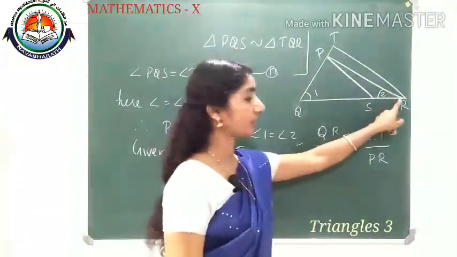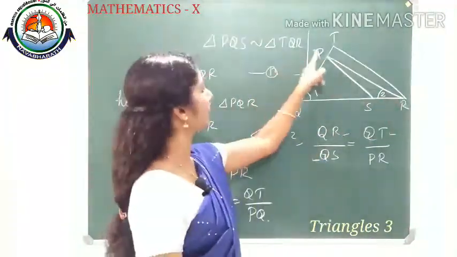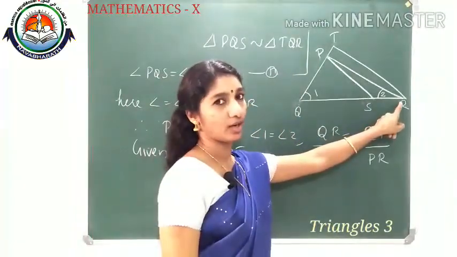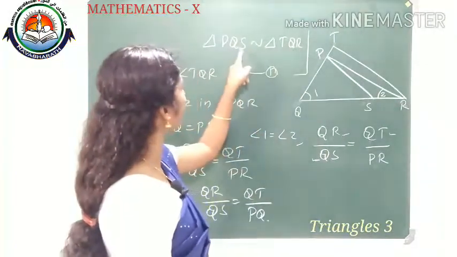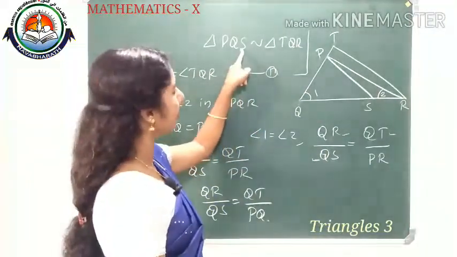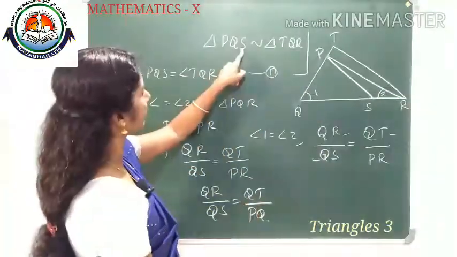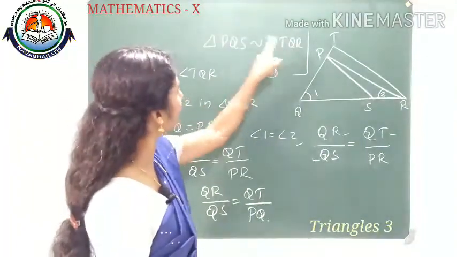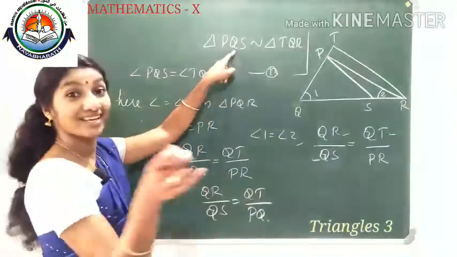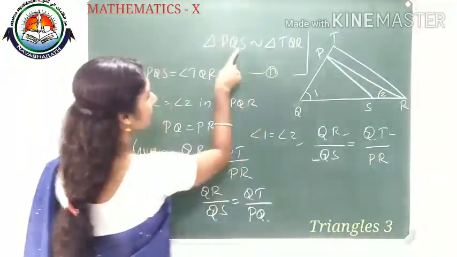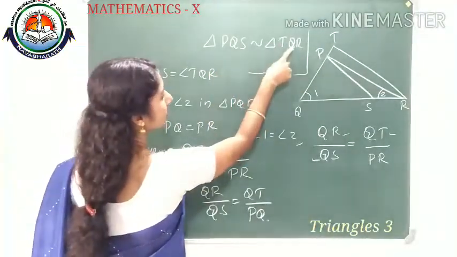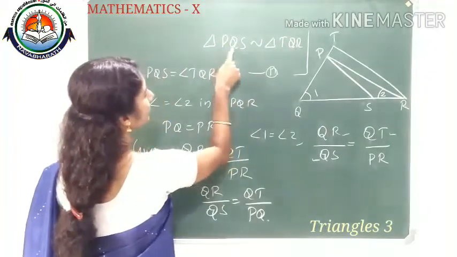QR we took as the triangle TQR's big side, one side we took QR, QS. So QR by QS we got equal to QT by PQ. See, we got the information which is required for us.